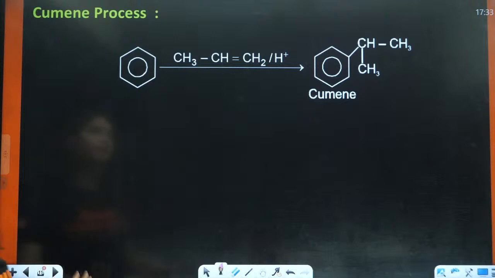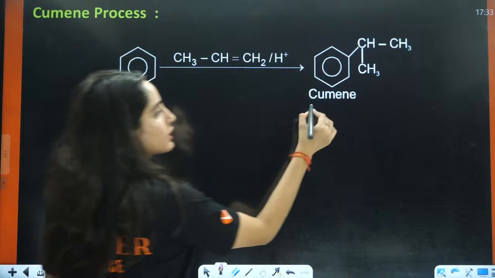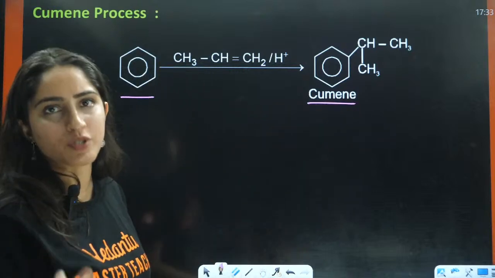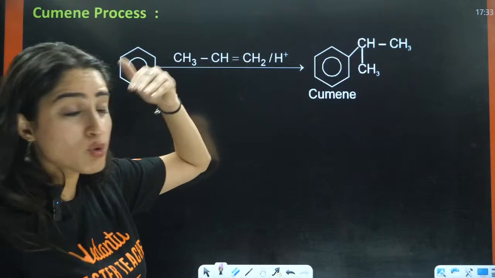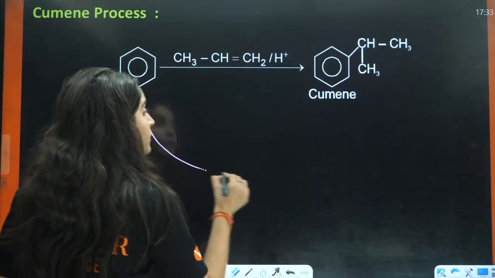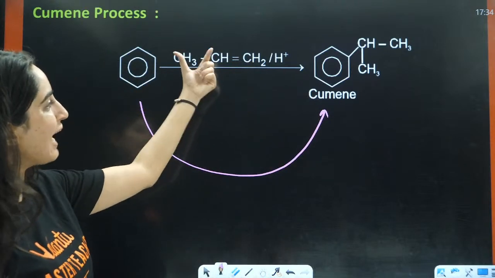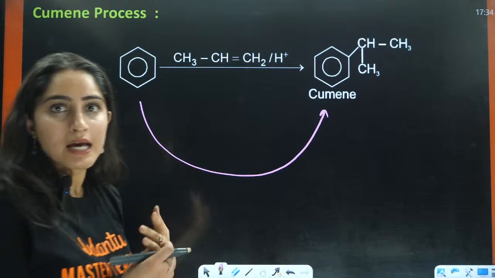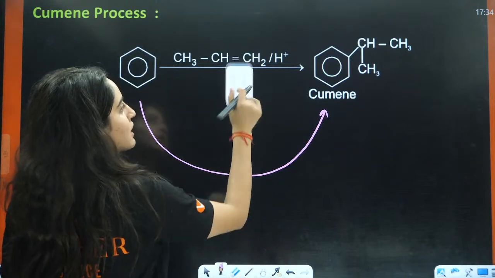A very important reaction. This is your benzene. Firstly, benzene is converted into Cumene by different processes. There are a lot of processes by which you can convert benzene to Cumene. First is, if you are adding an alkene and H positive, this bond is going to break, right?